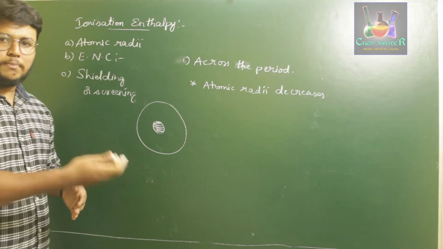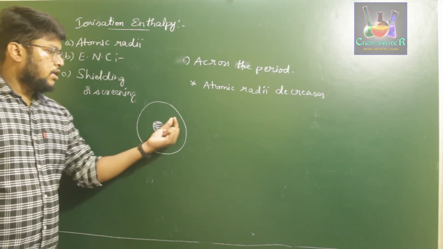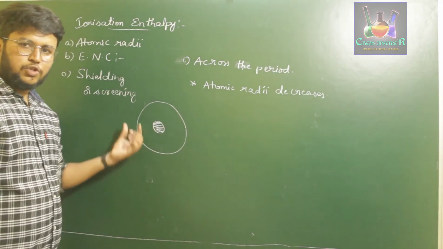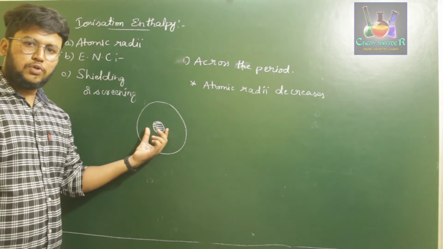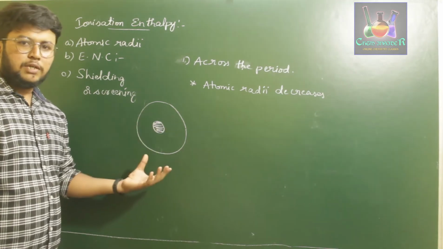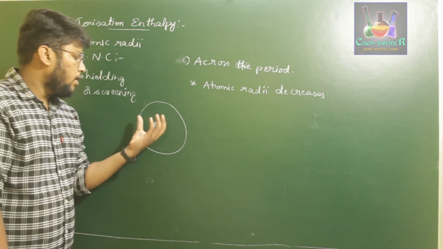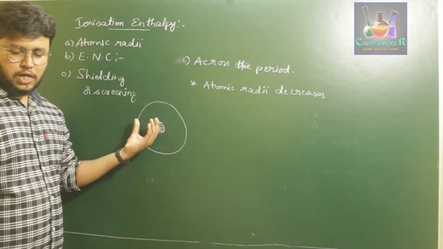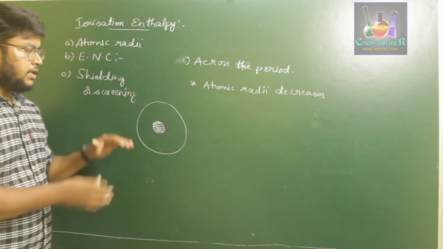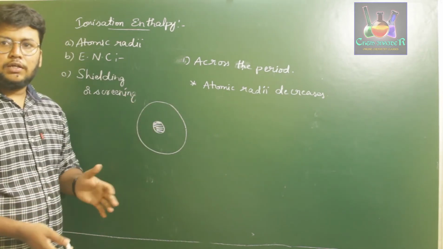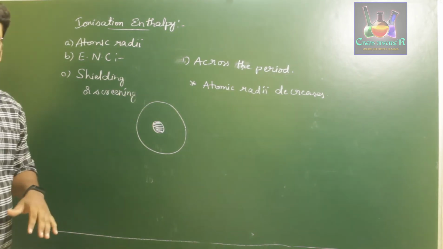When you increase the atomic number, the number of electrons present on the outermost shell increases, which results in an increase in the protons of the nucleus also, which is nothing but an increase in effective nuclear charge. Therefore, with the increase in effective nuclear charge, we observe a decrease in the size of the orbital, a decrease in the size of the shell. So now this is the valence shell or outermost shell of an atom.